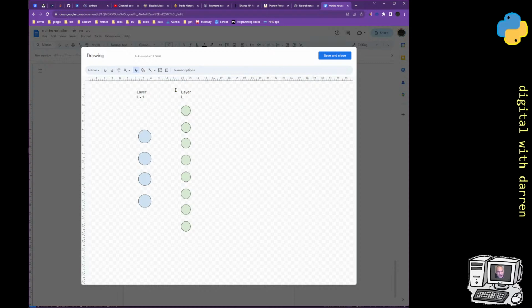This is layer L, but we could copy this and paste it here, and have another layer over here, which is layer L+1. So we can get the idea of what the layers are doing, because the layers go sequentially across like this, from there to there and so forth. That's how the layering actually looks.